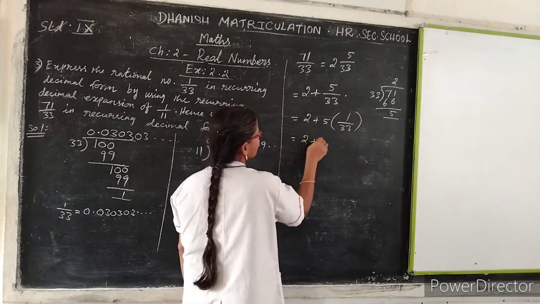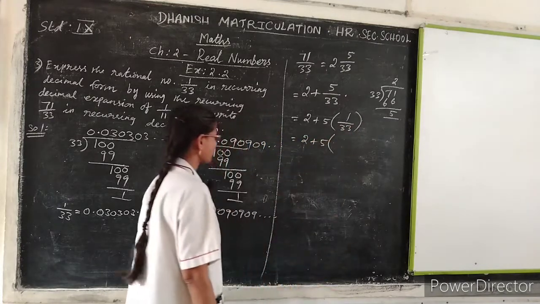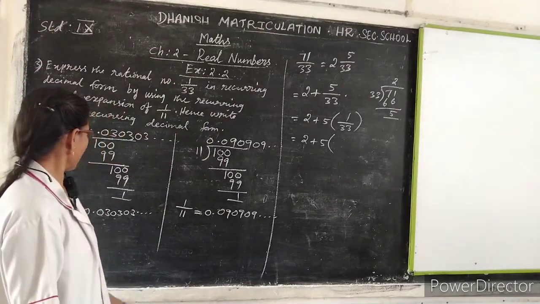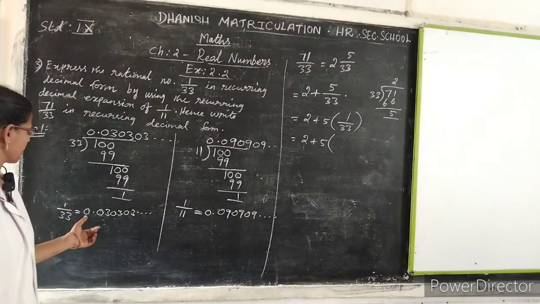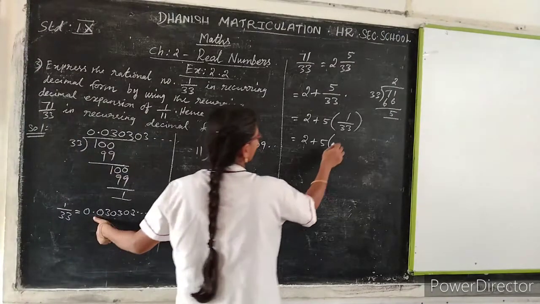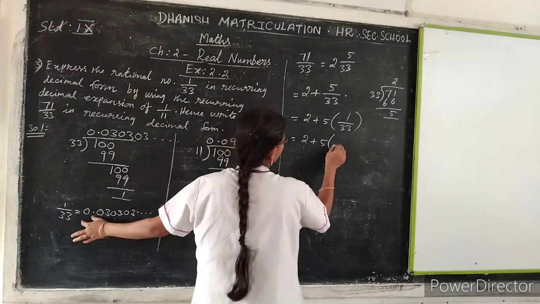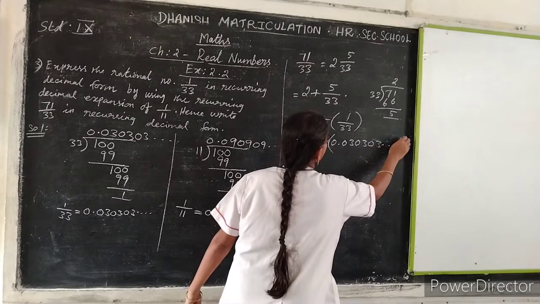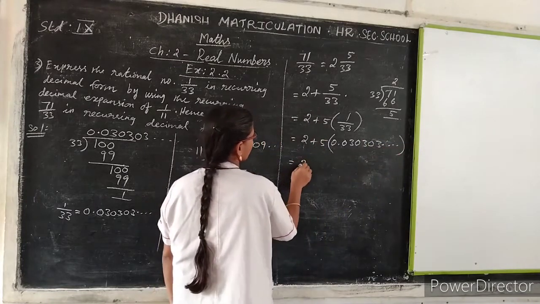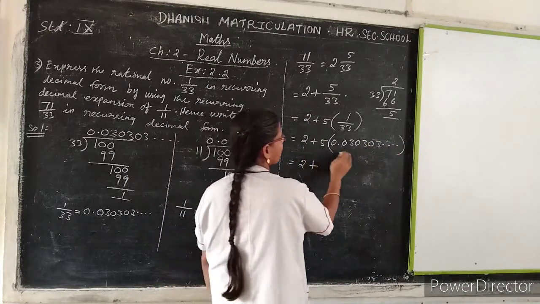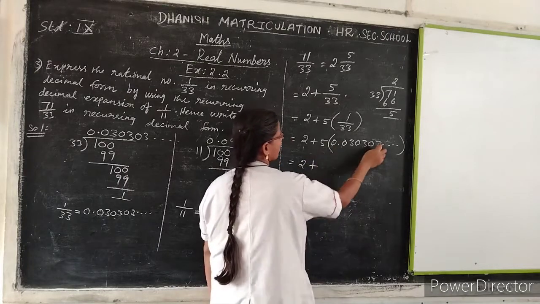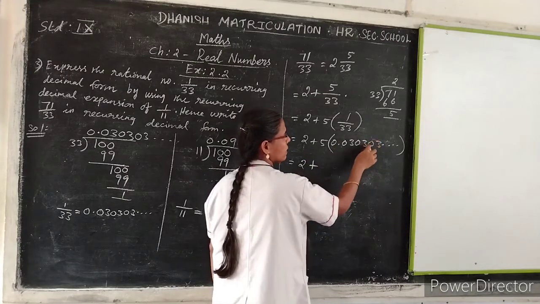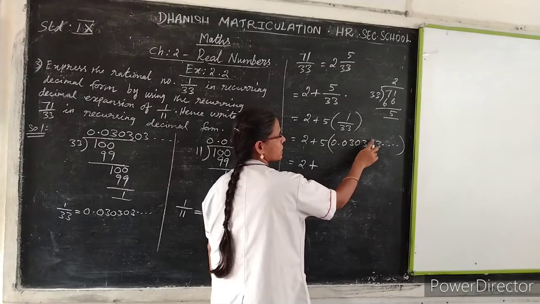Here 2 plus 5 into 1 by 33 value is 0.030303 etc. Now 2 plus 5 into this decimal: 5 3s are 15. Here 1 carry over. So 5 zeros are 0, 0 plus 1 is 1.